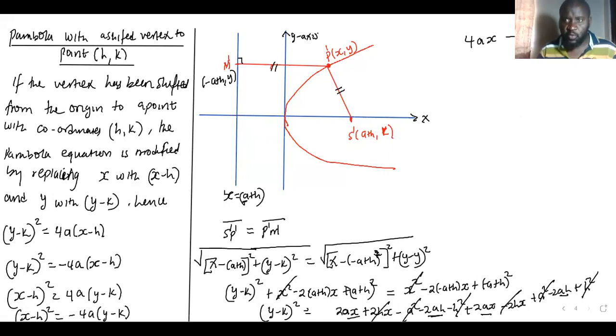So (y − k)² is equal to 4a(x − h), hence proof.